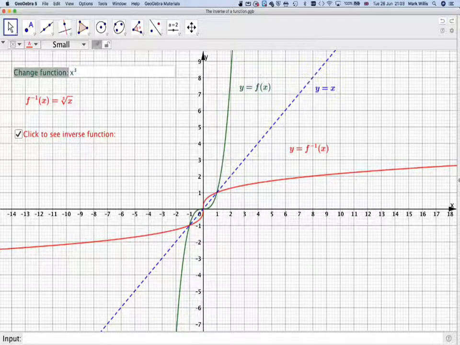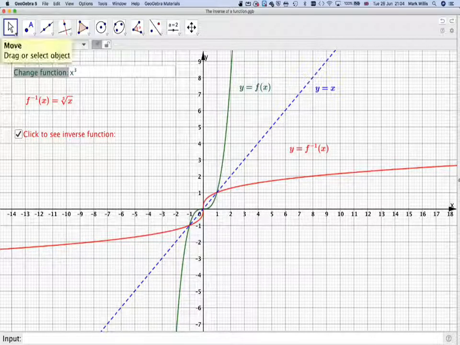Just move it so you can see that, and therefore the inverse function is going to be the cube root of x. You can see very clearly that it's been reflected in the line y is equal to x. So if you did the composite of f to the minus 1 of f of x, they cancel each other out and you just end up with x.